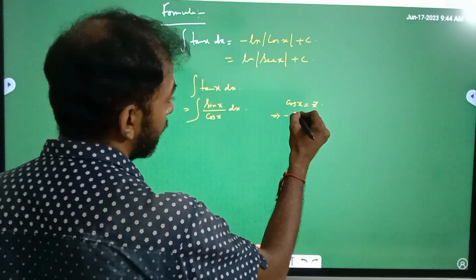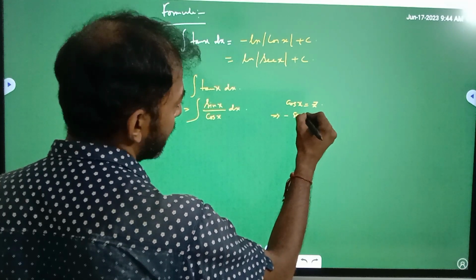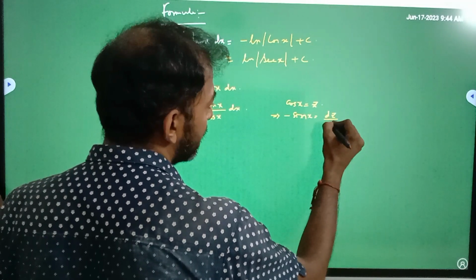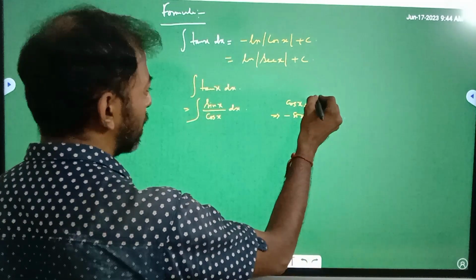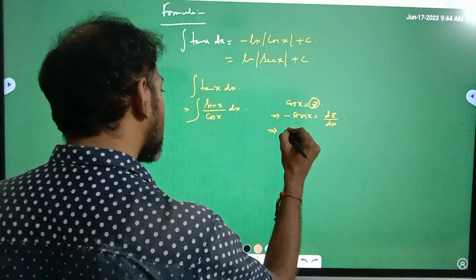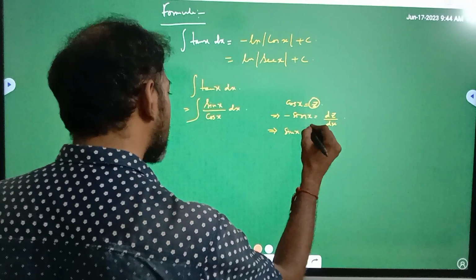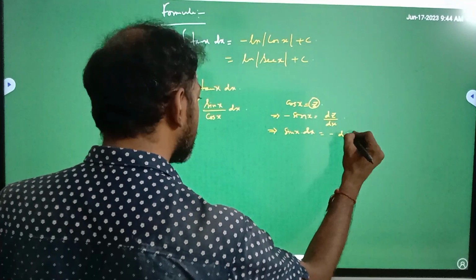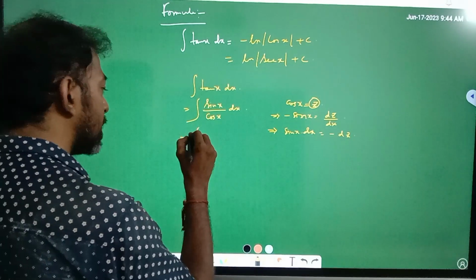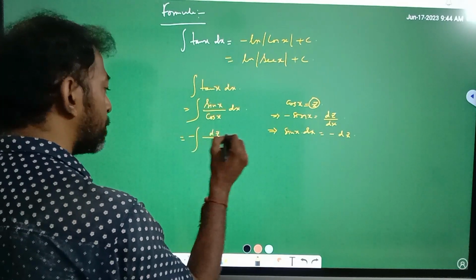We all know that the derivative of cos x is minus sin x, and that is dz by dx. So sin x dx will be minus dz, and the integral becomes minus dz divided by cos x.